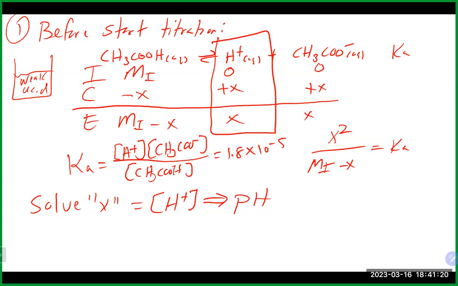So this type of titration is a little bit different because we are starting with a weak acid versus that strong acid. So it does require an ice table. That ice table is done in molarity. It is really just the Ka type problem like we did in the previous chapter. And you basically solve for x, which will give you your H plus concentration. And thus you could then put it into your pH at that point.